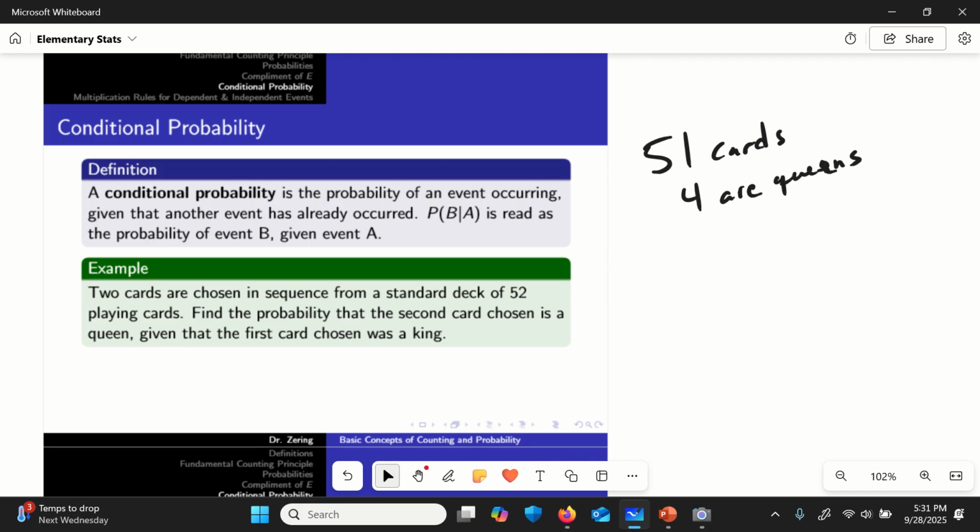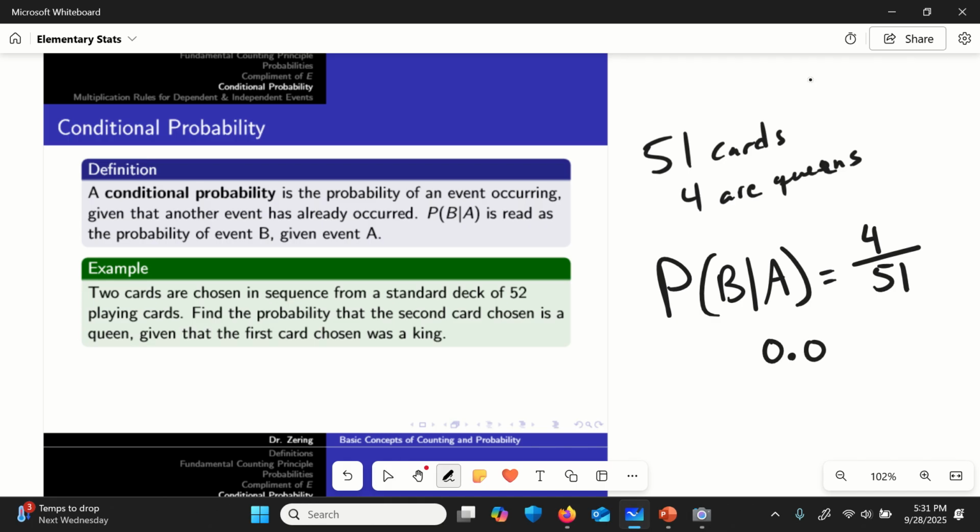And with choosing cards at random from a deck, we are able to compute our probability of event B given A, meaning probability we choose a queen given a king was already chosen, as the 4 queens that are possible out of the 51 cards remaining because 1 king got taken out already. So we get 4 over 51, or roughly 0.078.